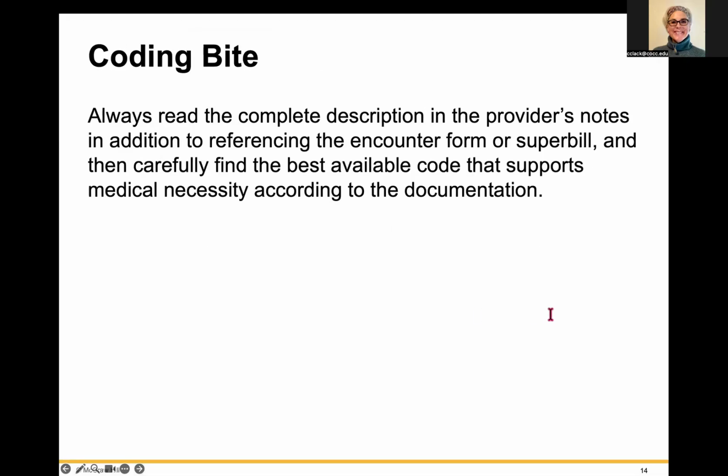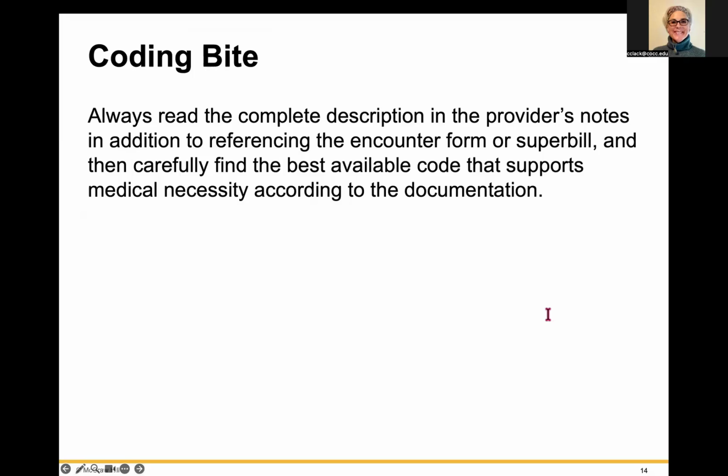So I love this slide because it's short, sweet, and to the point, but it's basically a career rule for coders. It's one of those, if you do nothing else, do this habits that separates solid coders from risky coders. So, as a reminder, don't code from the encounter form or superbill alone. These forms are helpful, but they're not the source of truth. They're often checkboxes, shortcuts, or templates, and they don't always tell the full story.